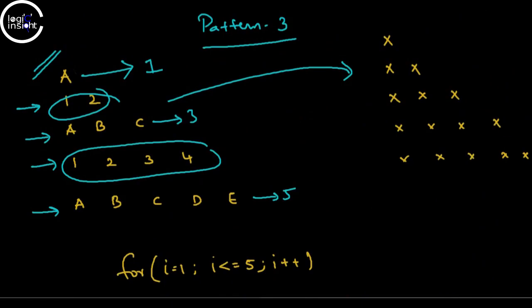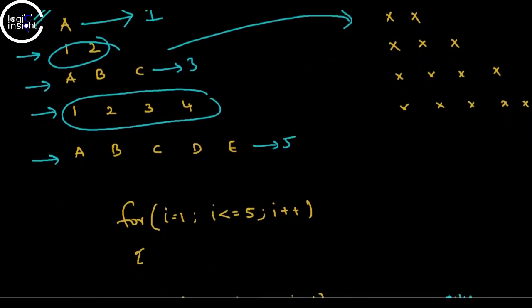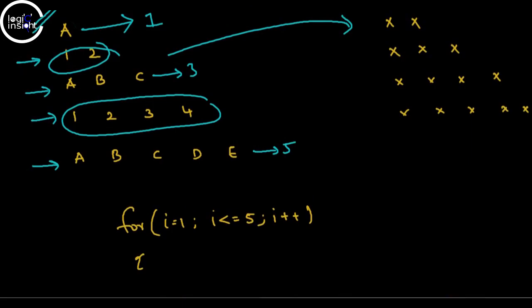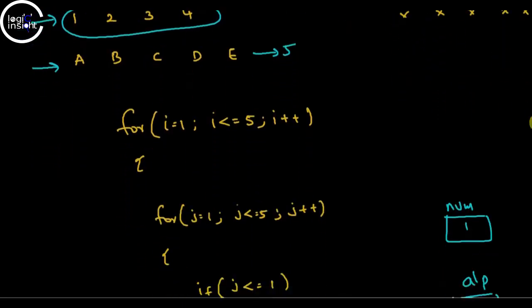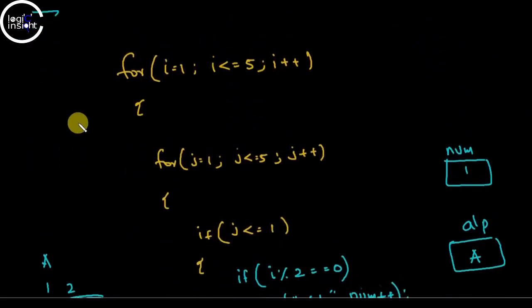So whenever the row changes, somehow we have to manipulate the variables so they start from A and 1. Do you know which loop is responsible for the row? I can write here alpha equal to A and num equal to 1.